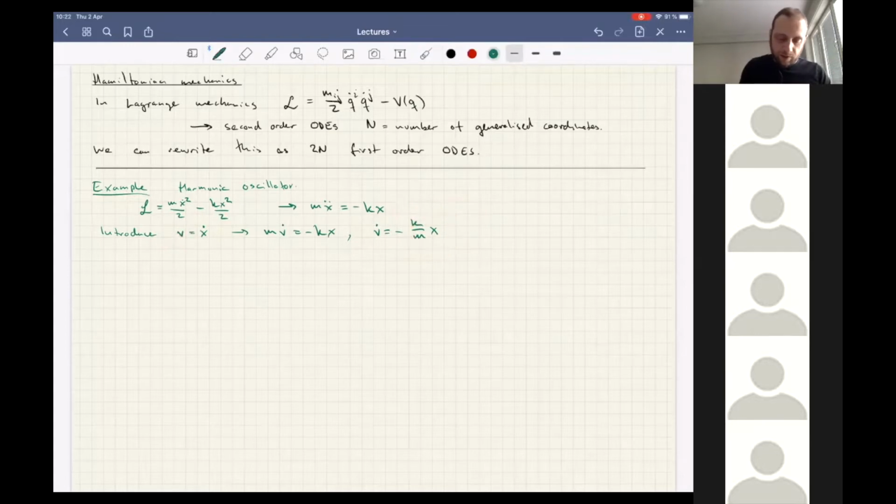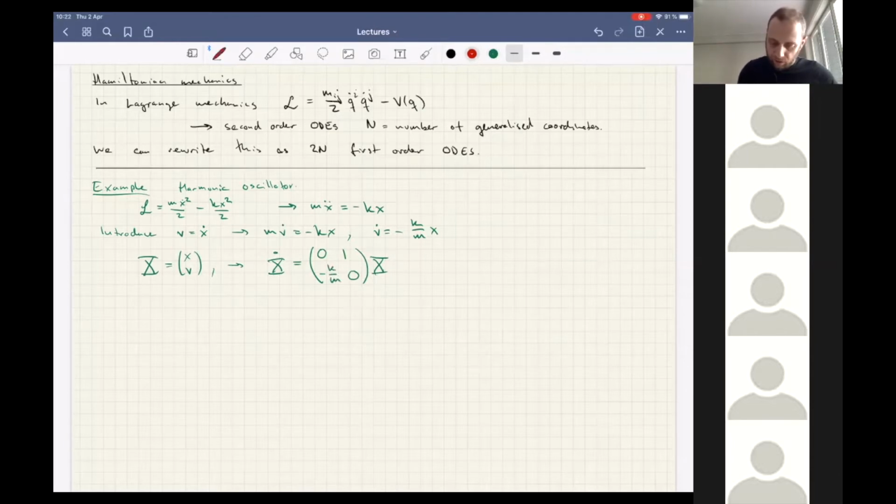And I can write this as a matrix system. If I let capital X be (x, v), then X dot is going to be a matrix times X. The matrix is going to have zeros there and there, and x dot is v, so we're going to have a 1 there, and we're going to have minus k over m over here.